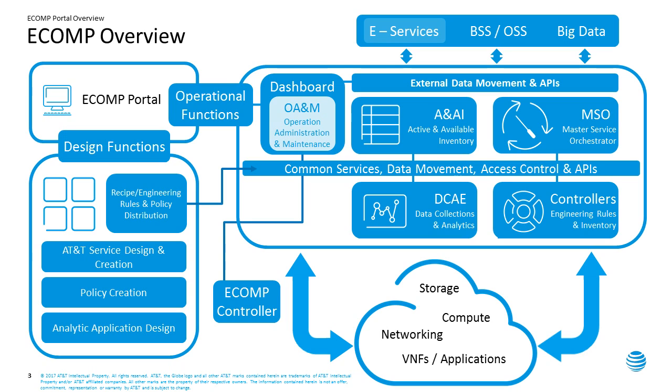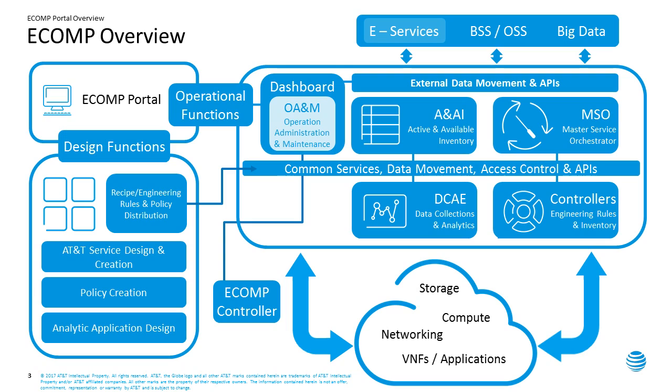And ECOMP portal essentially provides access to all these functions through one single portal. The design time functions include features which are delivered by service design and creation, policy engine, and the analytic application design. So these are things like recipes, engineering rules, distribution of policies, and such.